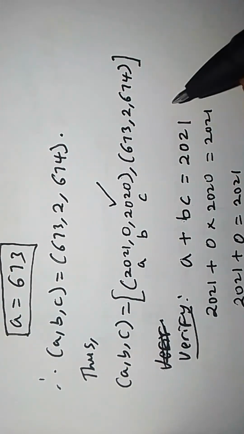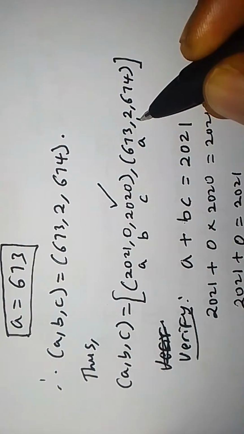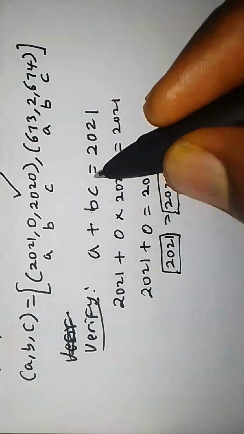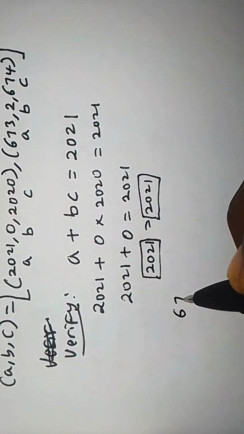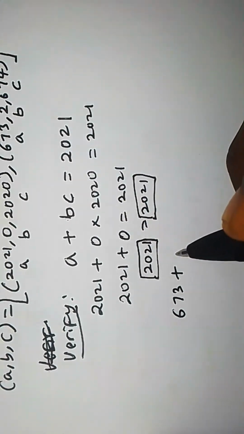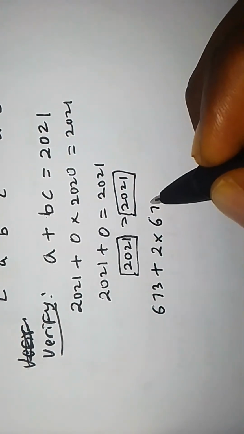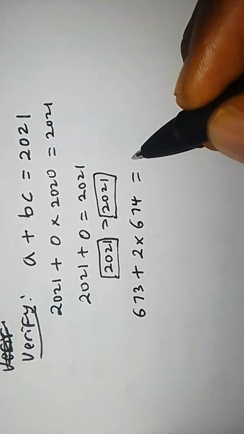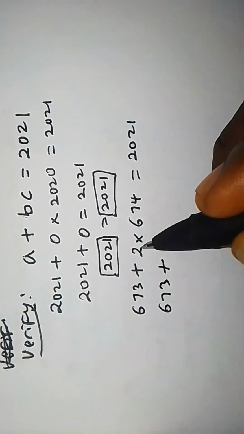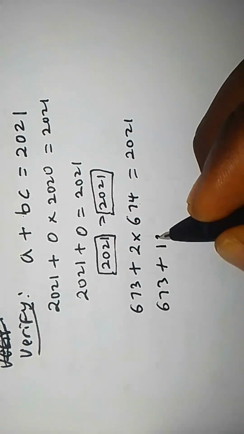Now let us verify the second answer. This is A, this is B, this is C. Plugging it into this expression also, that will be 673 plus B, that is 2, times C, which is 674, equal to the right hand side, 2021. 673 plus 2 times 674, that is 1348.